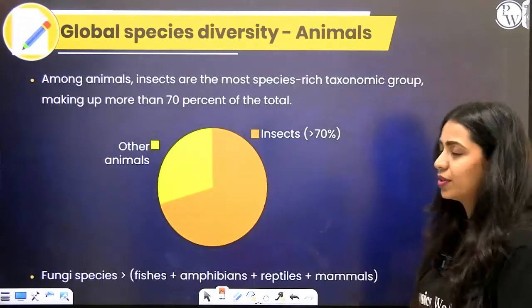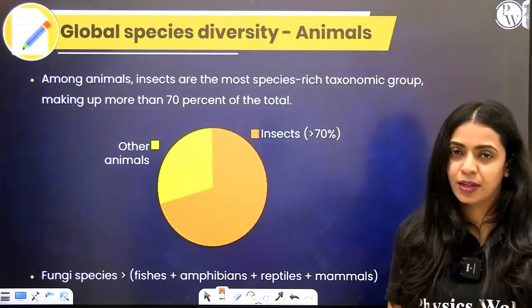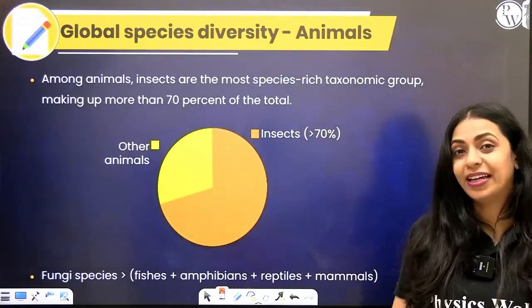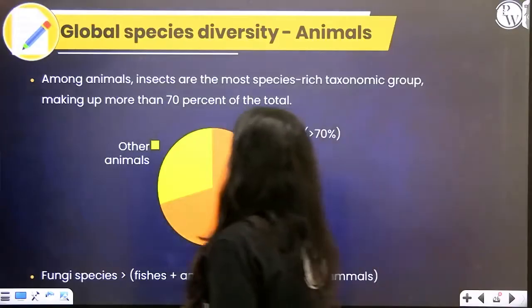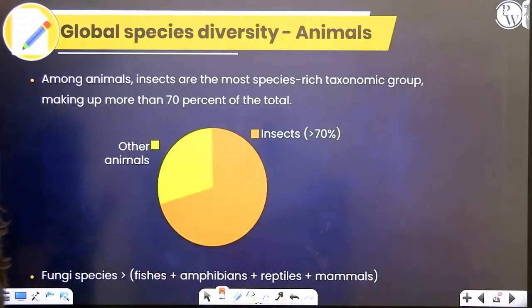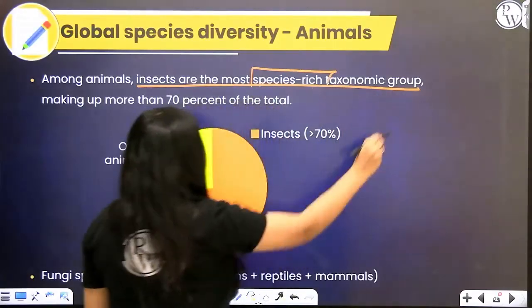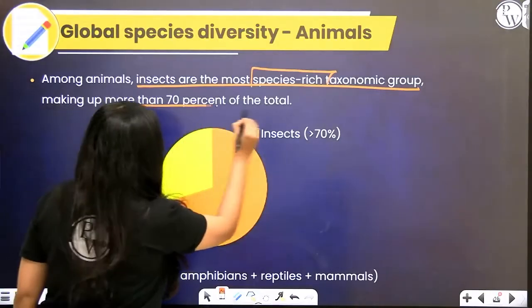Now let's talk about the species diversity of animals at a global level. Across different parts of the world, how many different types of animals can we find? Among animals, which group is most diverse? Among animals, insects are the most species-rich taxonomic group, making up more than 70% of the total.